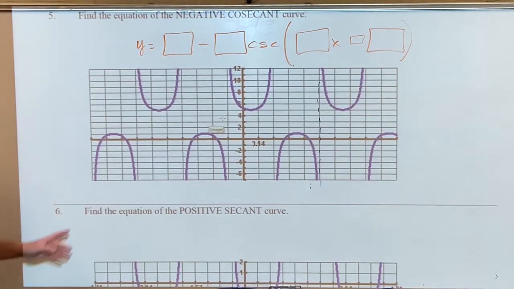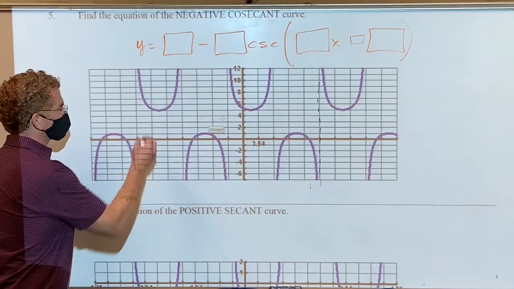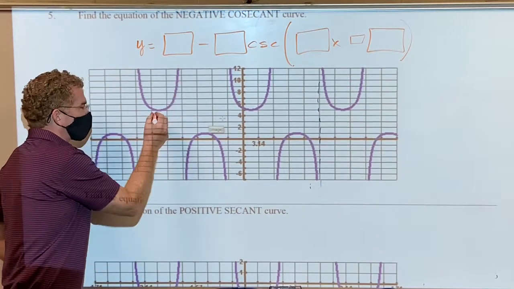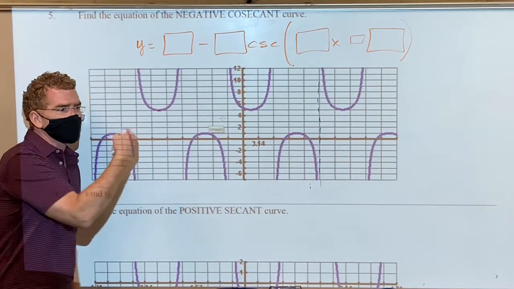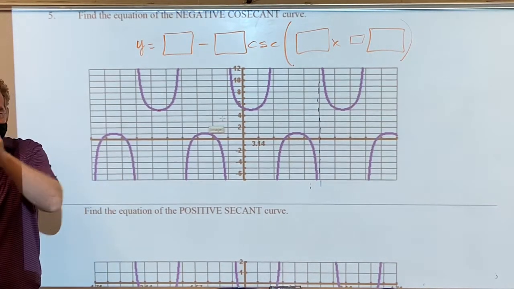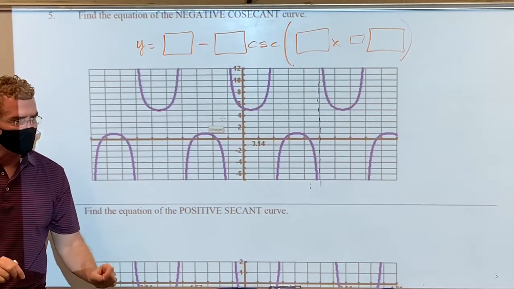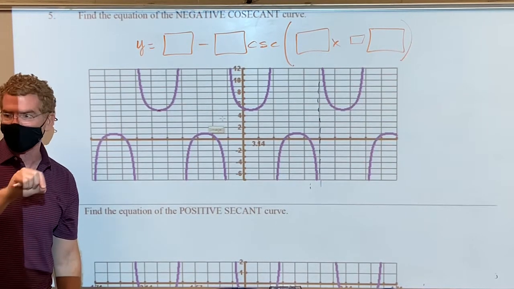Okay? Now, if you think about what you did, let's work backwards. When you were sketching these, you were starting at what part of the curve? Think about how you did these. You graphed the sine or the cosine curve, and then from the tops, you went up, the bottoms, you went down, right? And the vertical asymptotes were right there on the D values.